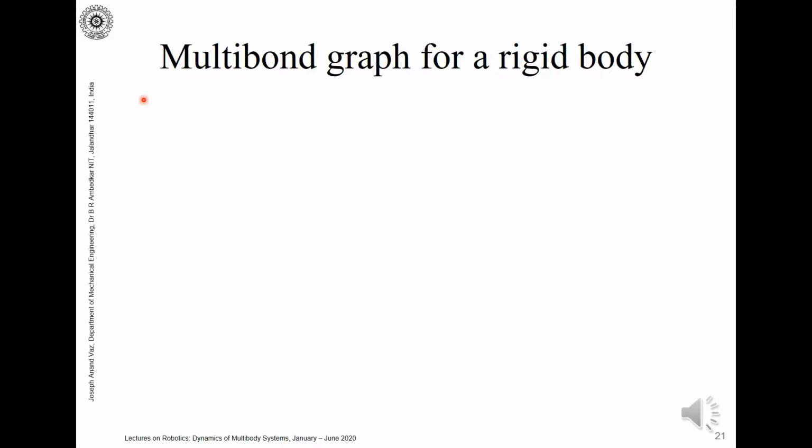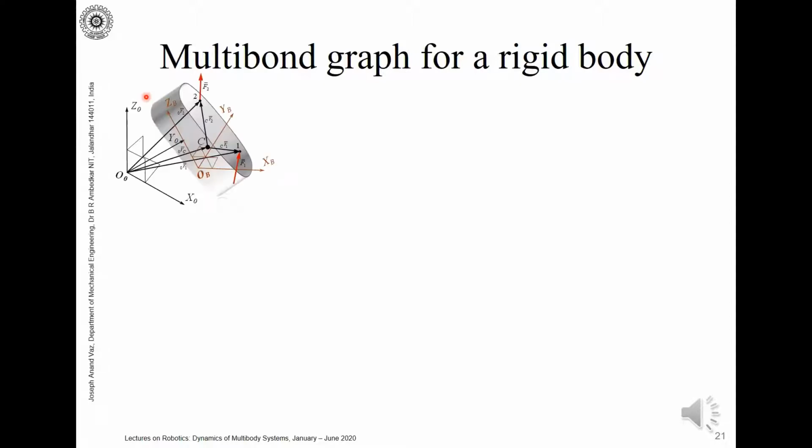In this part of the lecture, we will discuss how the multi-bond graph for a rigid body can be constructed. Let's consider this rigid body. There is a frame B which is already fixed on it, and this rigid body can move in space.